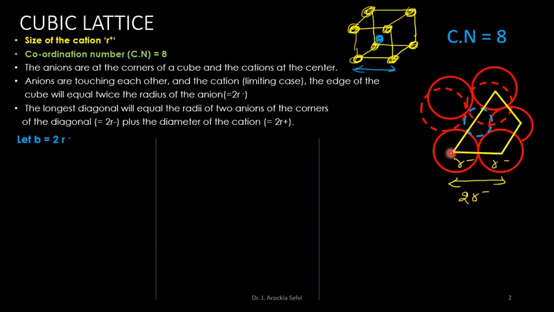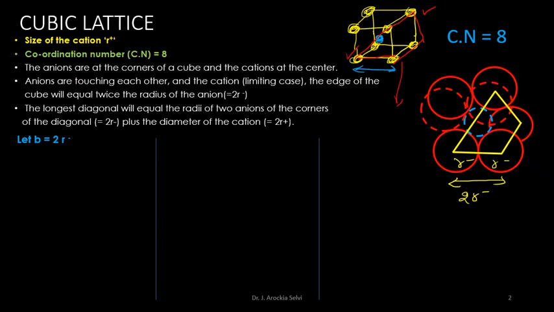The distance of that longest diagonal is the sum of the radii of the two anions plus the diameter of the cation. This is found here in this figure: this anion passes through the cation and touches this anion. So this part and this part, and we depict this separately here.